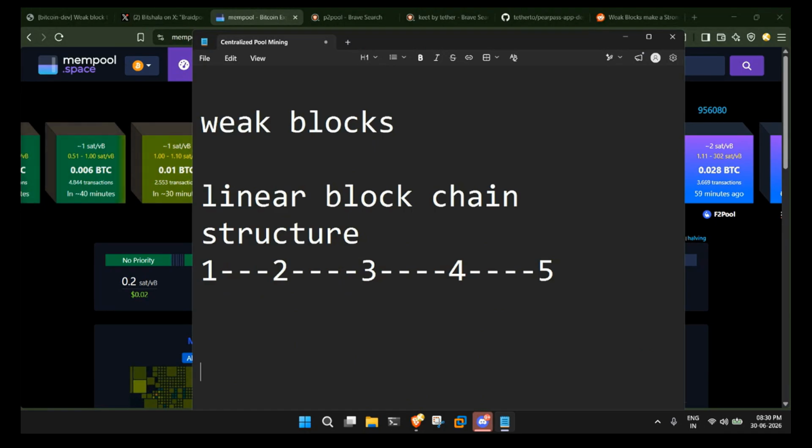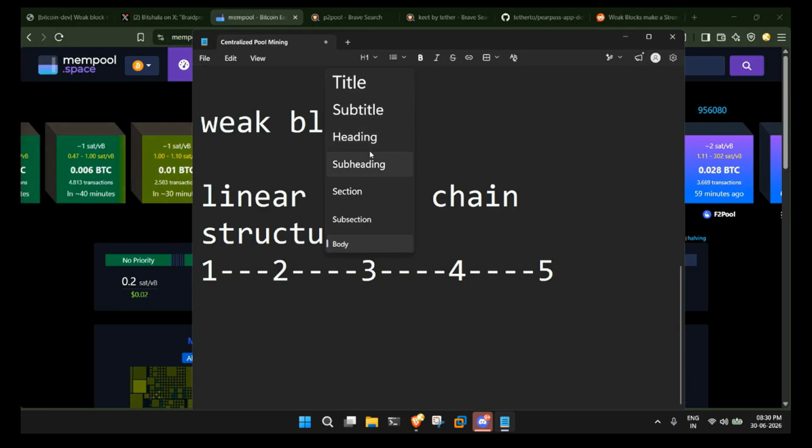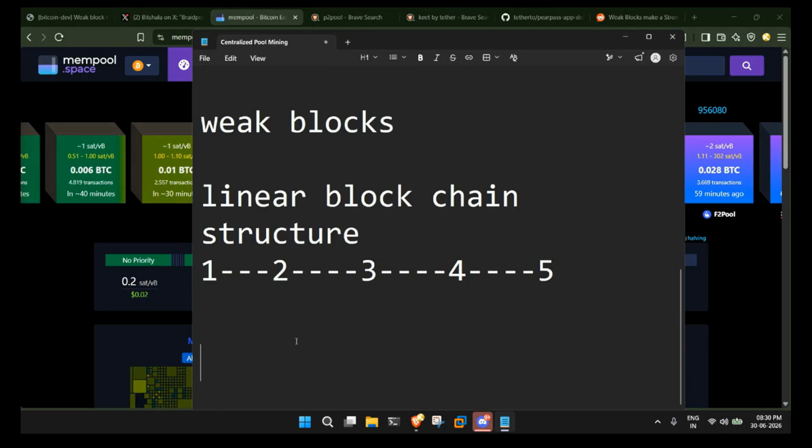because small miners may not be able to broadcast sometimes as fast as another person having higher bandwidth. And another thing, there was a custom limit or size of these weak blocks.